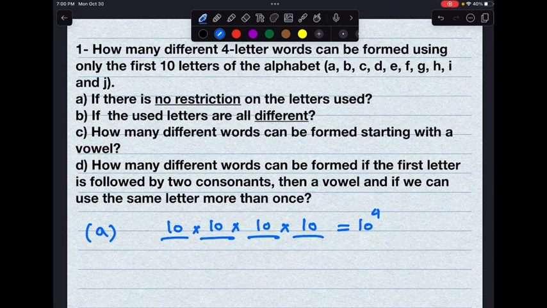And this logic can work in any problem when we have order and we have repetition. When you have n objects and you're going to choose k objects, and there is an order among these k objects, and the objects can be repeated, what is the answer?